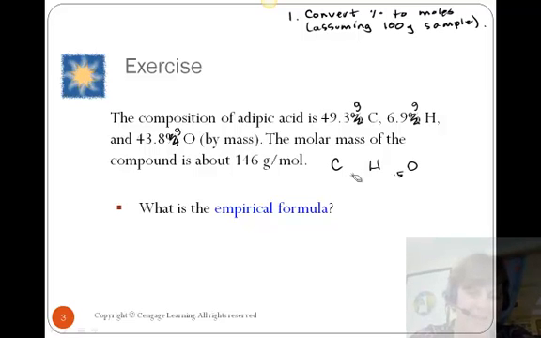It's after I divided. Sorry. Backing up. For carbon, I got 4.1. For hydrogen, I got 6.9. I knew that was wrong because obviously hydrogen has a mass of 1, and when you divide that into 6.9, you get 6.9. Oxygen is 2.74. So I converted to moles, and I actually now write moles as subscripts.